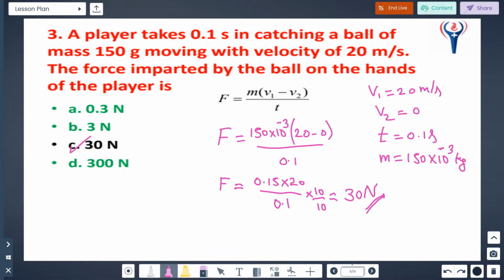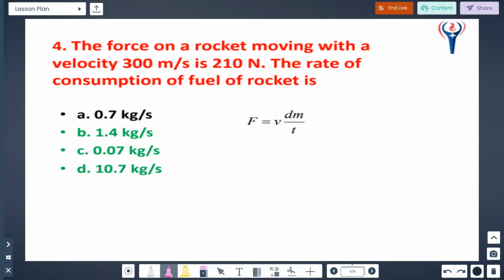Let's move to question number 4. The force on a rocket moving with a velocity 300 meter per second is 210 Newton. The rate of consumption of fuel of rocket is dash. This is also same Newton's second law of motion only. F equal to d by dt of m into v.